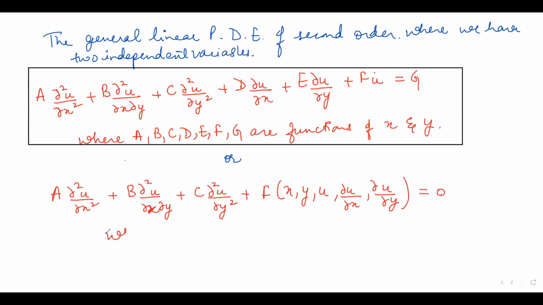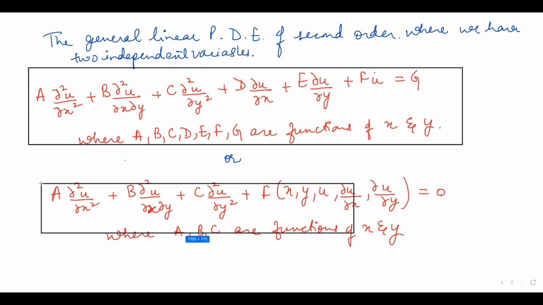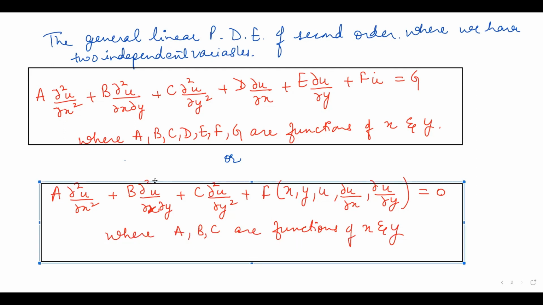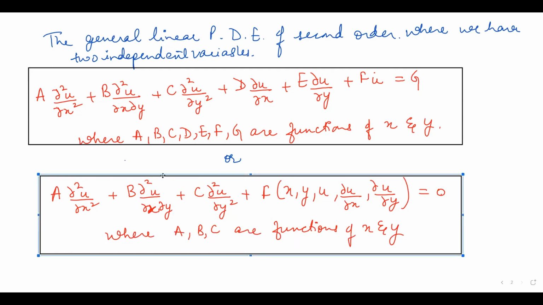Here again a, b, c are functions of x and y. So these are the two ways in which you can write the general linear partial differential equation of second order.